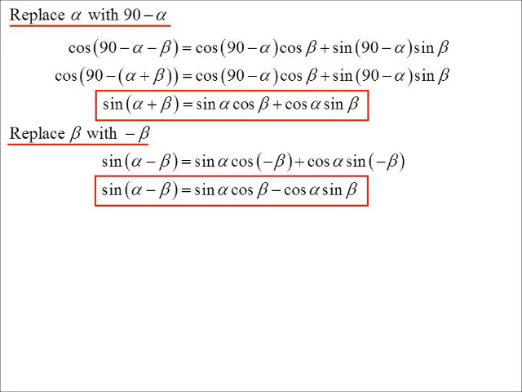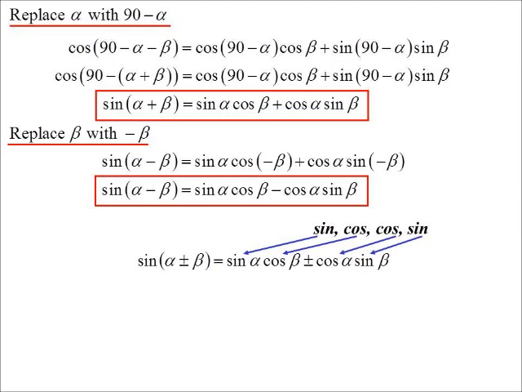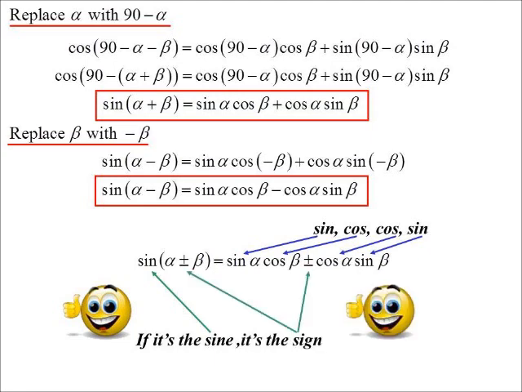But you'll notice this time, plus minus on the left-hand side, it's also plus minus on the right-hand side. So how I remember this one, sine cos cos sine, if it's the sine, and it is in this case, then it is the sine. So we don't change it. It stays as plus. You think, oh my goodness, how do you remember that?